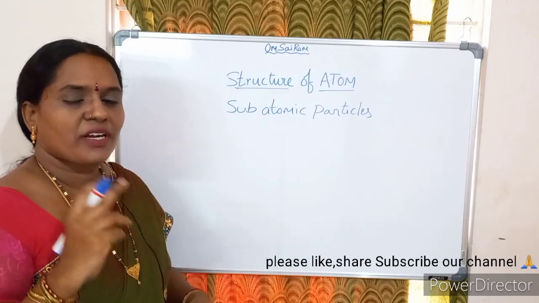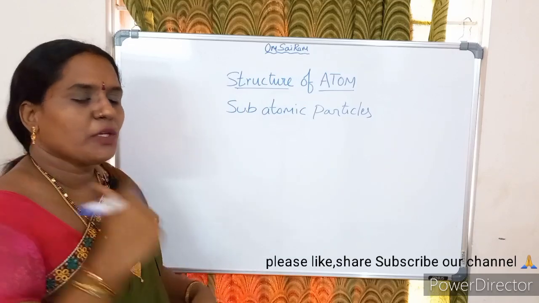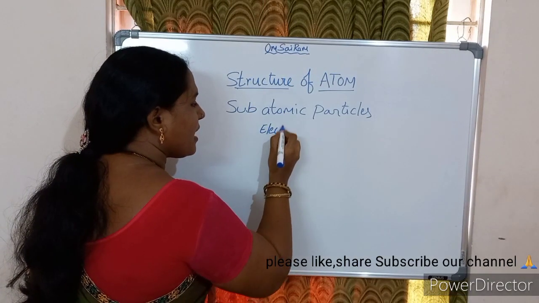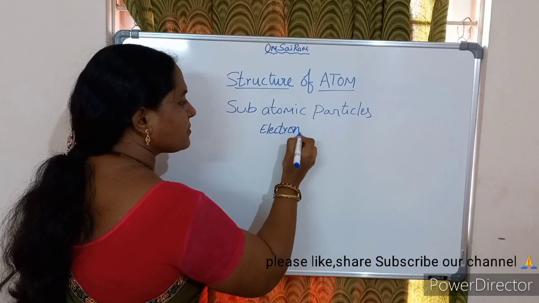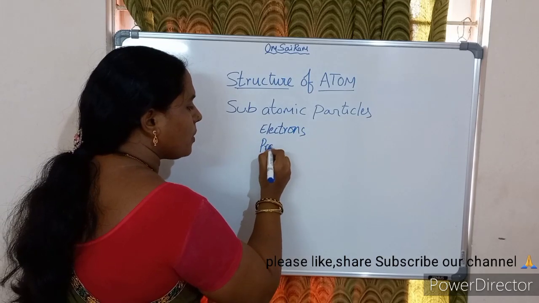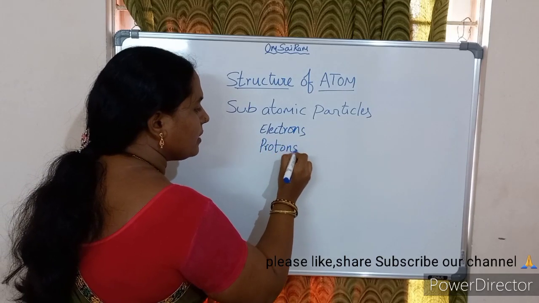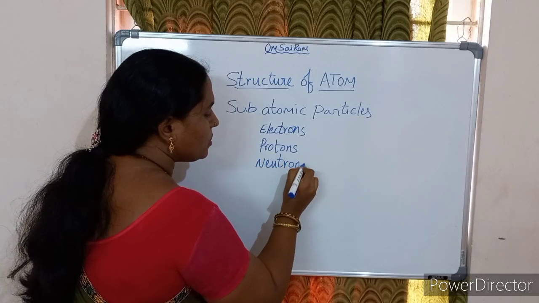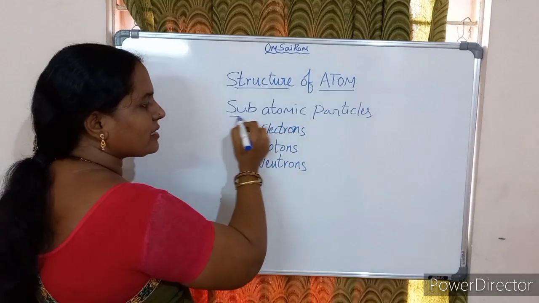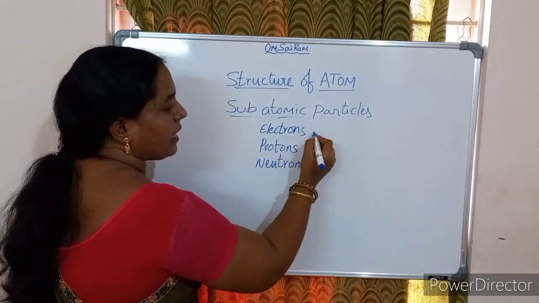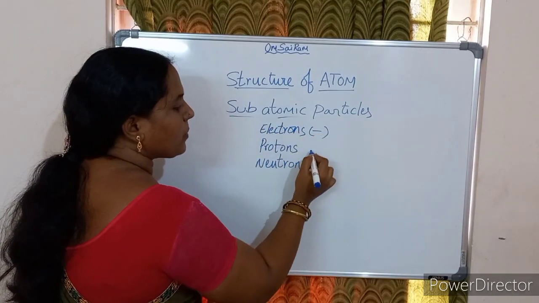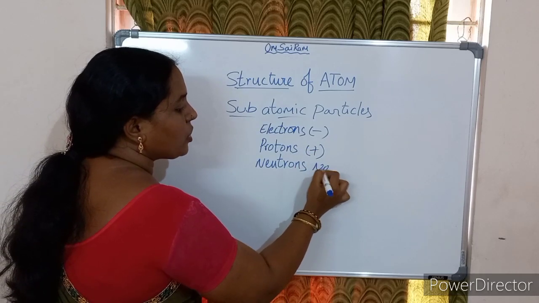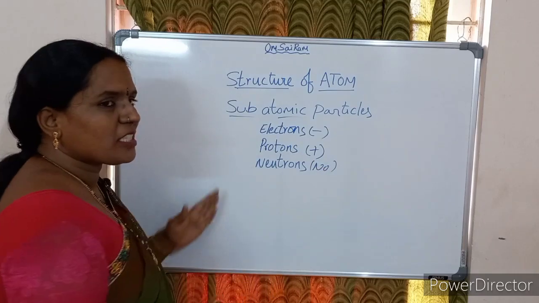Every atom consists of electrons, protons and neutrons. These are the subatomic particles. Electrons are negatively charged particles, whereas protons are positively charged particles. Neutrons have no charge, meaning they are neutral particles.